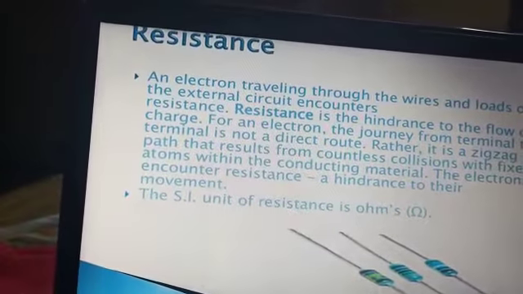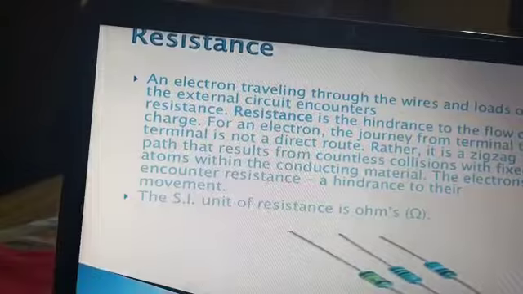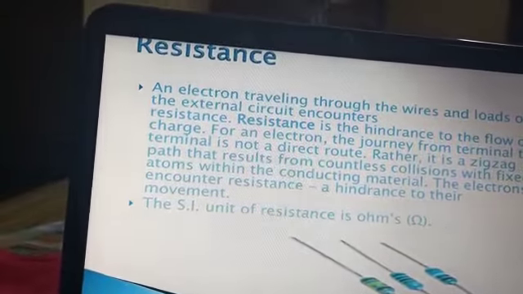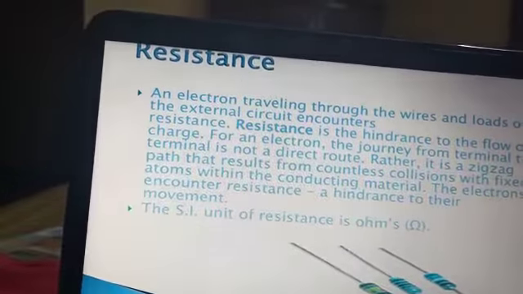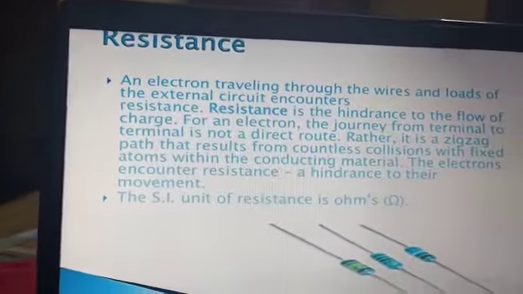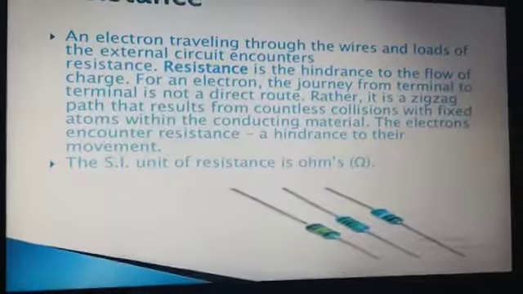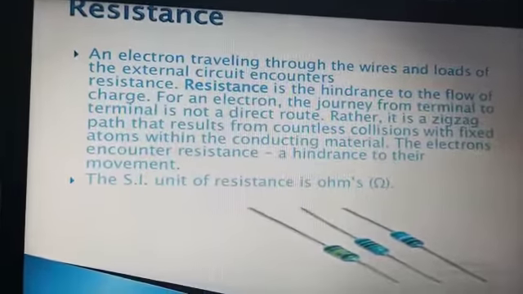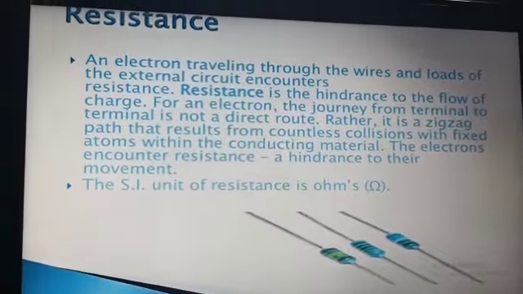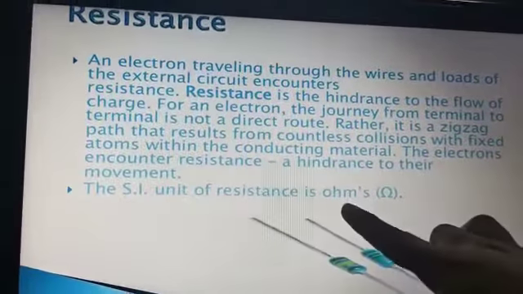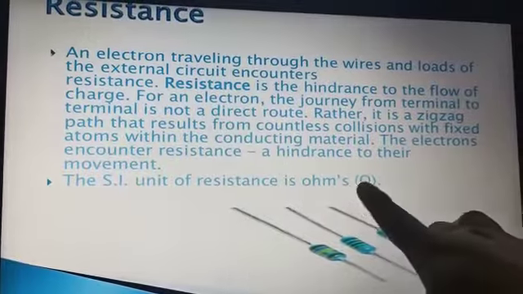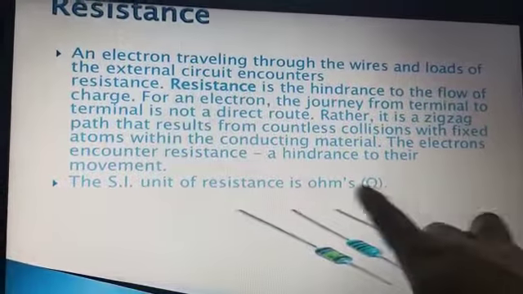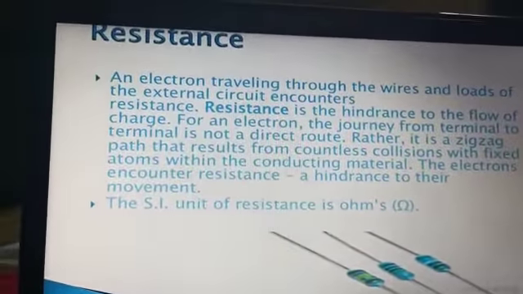The tube light may get damaged, the microwave oven may get damaged, the refrigerator may get damaged. So you need to see to it that the correct amount of current is flowing and not too much. So resistance is a blockage to the flow of current. It is measured in the SI unit ohm, and this is the symbol, the omega symbol.